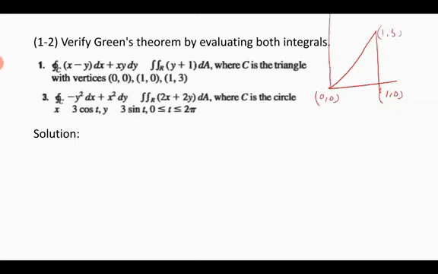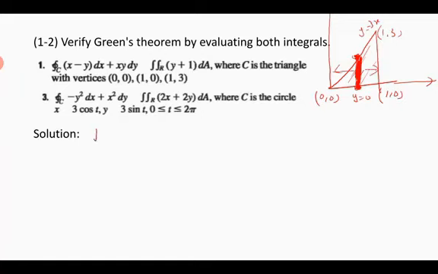This is the y-axis and this is the x-axis. Now if you want a type 1 region, you take a vertical strip. The vertical strip starts from here, y value is 0, ends here, y value, we know this line is y is equal to 3x, so ends at 3x. So the y limit is 0 to 3x. And x should move from here to here, so x is from 0 to 1.